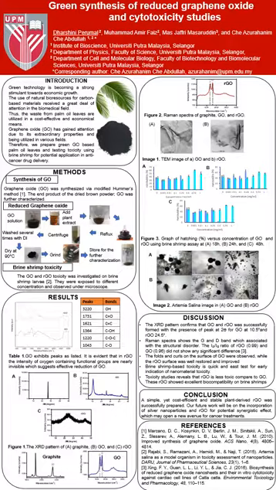The D band of reduced graphene oxide shifted to 1353 from 1355 wave number in graphene oxide. Meanwhile, the G band of reduced graphene oxide shifted to wave number 1603 from 1605 in graphene oxide. The ID/IG ratio of reduced graphene oxide and graphene oxide did not show any significant differences.